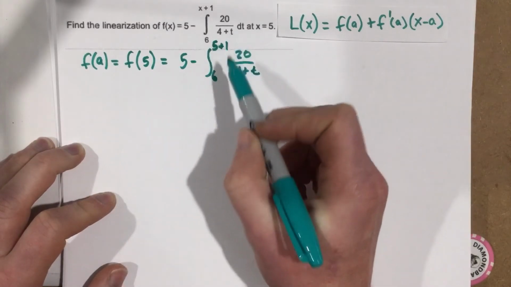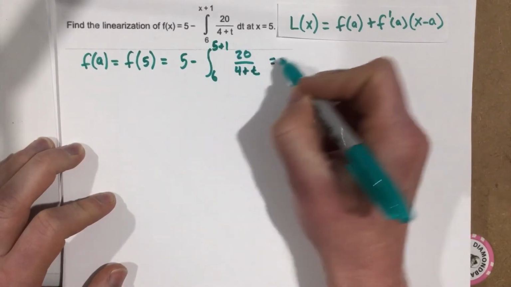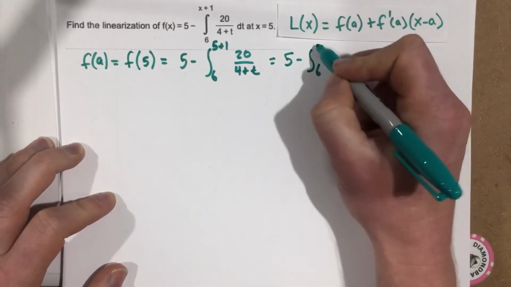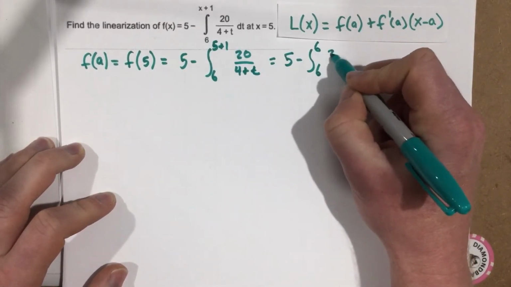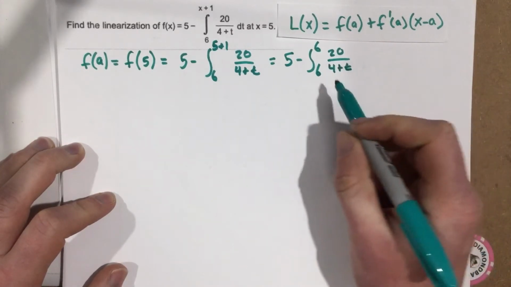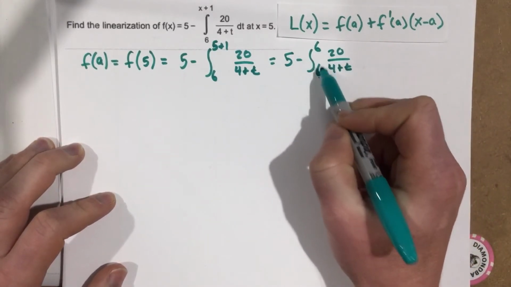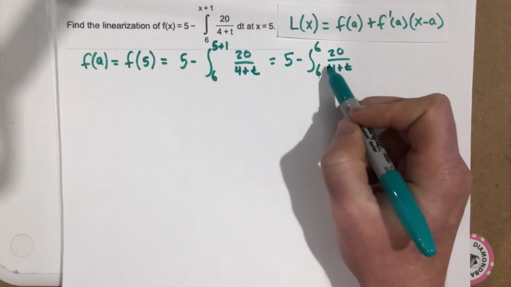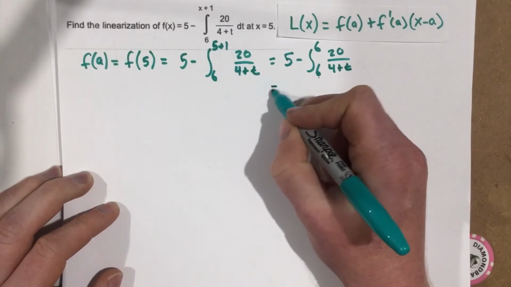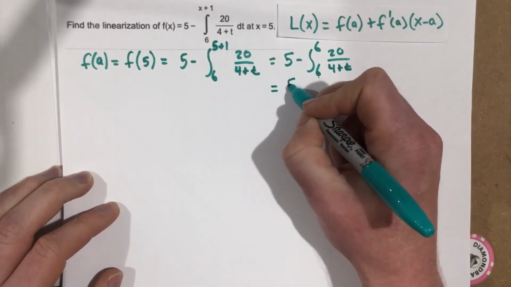So essentially we're going to end up with 5 minus the integral from 6 to 6. I'm not sure if they've shown this before in the videos, but if you have an integral from 6 to the same number, that's just 0. So actually our answer, f of a, is really just going to be 5.